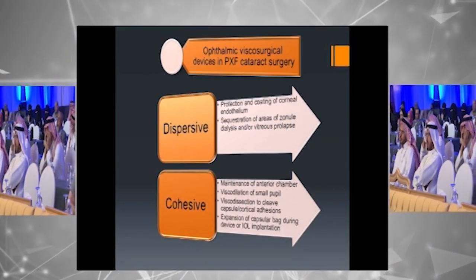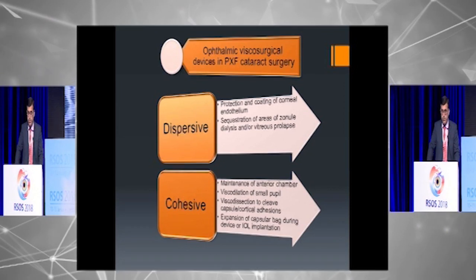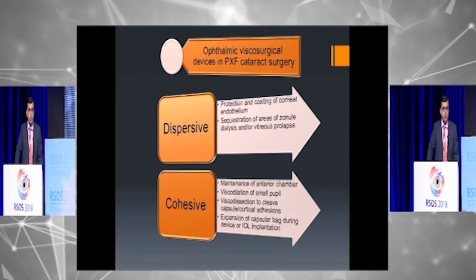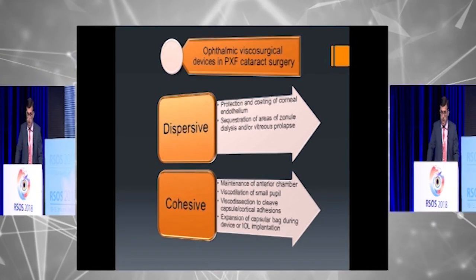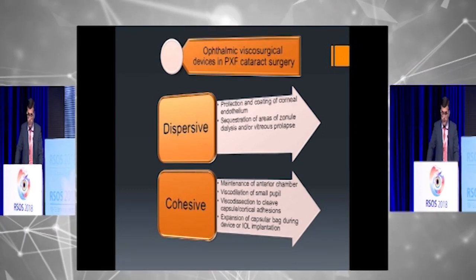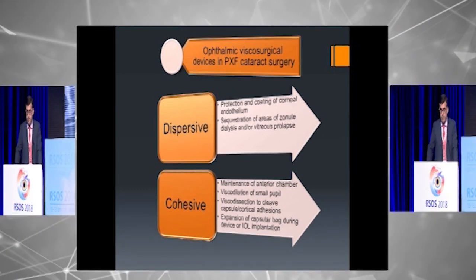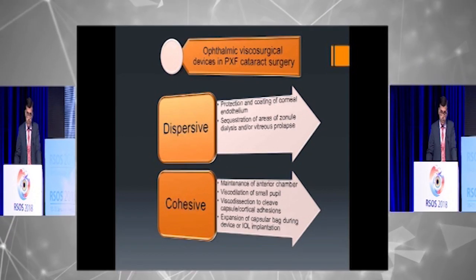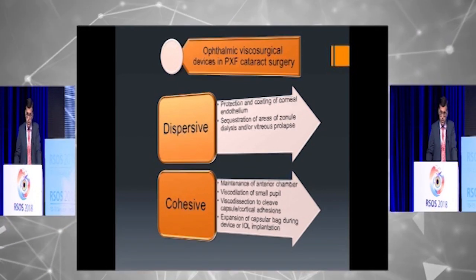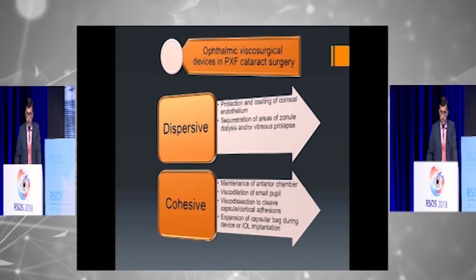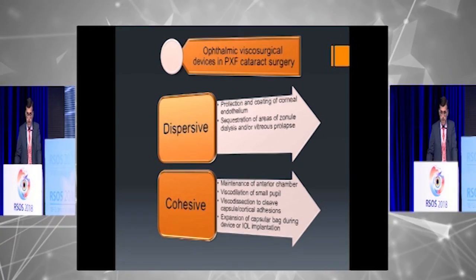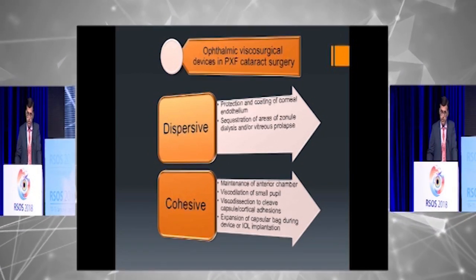For ophthalmic viscosurgical devices in pseudoexfoliation cataract surgery, there are 2 types, dispersive viscoelastic material and cohesive. The dispersive protects and coats the corneal endothelium during the surgery and can be used to sequester areas of zonule dialysis and or vitreous prolapse to keep it back posteriorly.